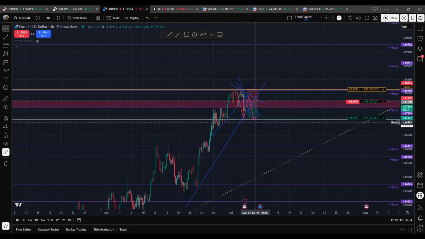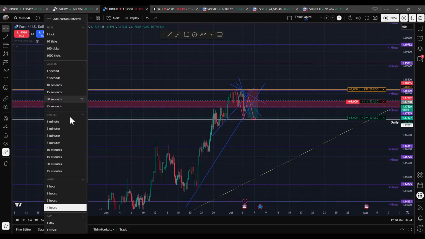If we break below this white line, which is my daily key level, also basically we're breaking the upward 4 hour trend line, then price will probably continue down to the next upward trend line. And then at this next upward trend line, we need to be watching the price to see if it's breaking that or it's bouncing up.